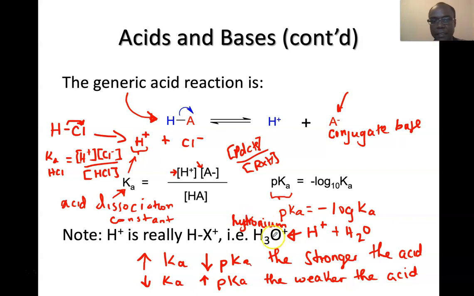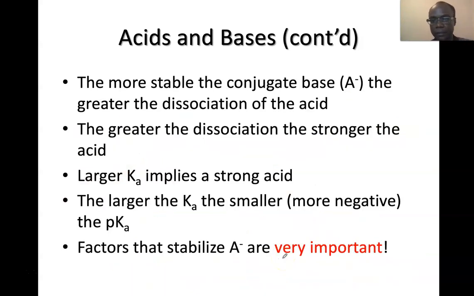So you get the hydronium ion, the H3O plus. All right, so I've said a larger Ka implies a stronger acid. The larger the Ka, the lower the pKa, the stronger the acid. Again, a greater dissociation constant implies this acid readily gives protons when put in water.